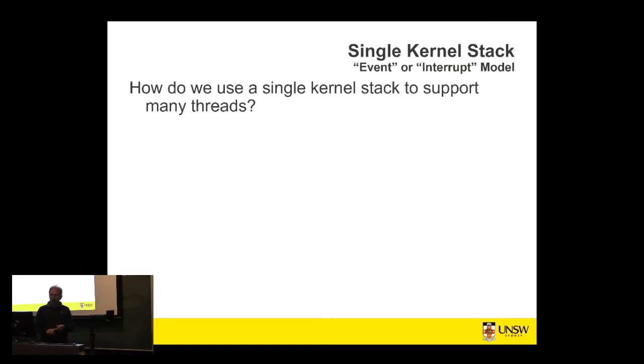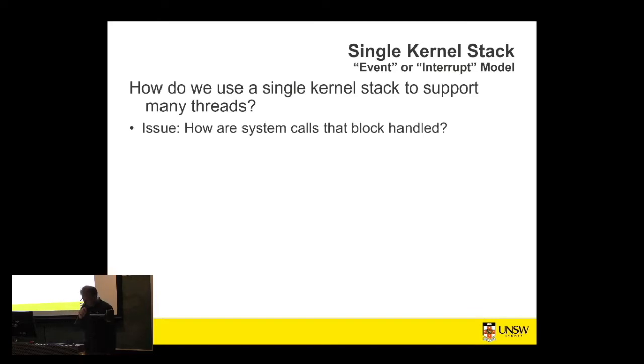How do we support multiple processes running on top of the operating system when we only have a single stack inside the operating system to support effectively all the competing concurrent activities that processes are requesting from the operating system? That largely boils down to how do we support system calls that can't immediately satisfy the request and return back to the application, i.e. system calls that block.